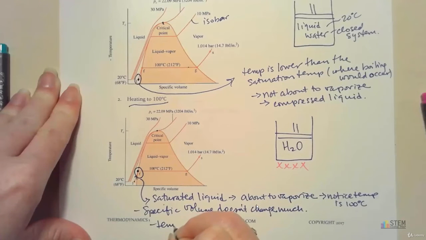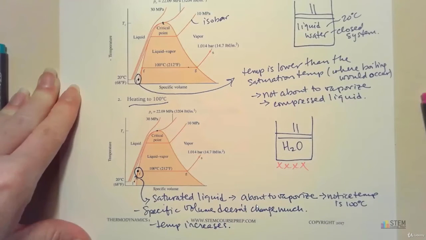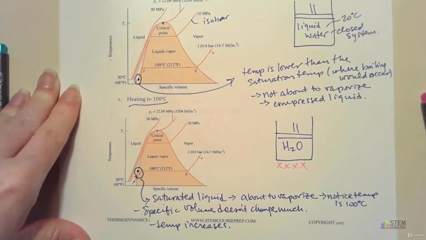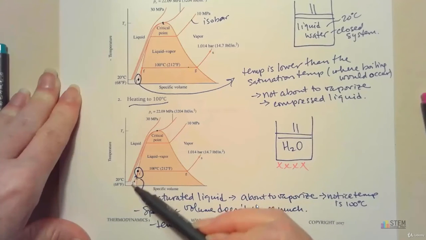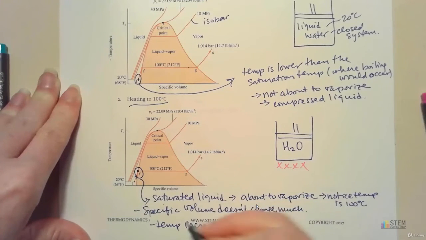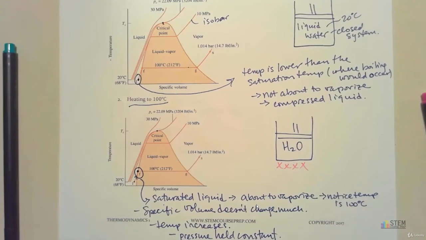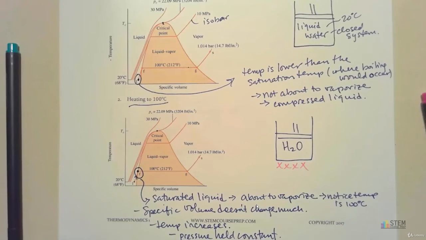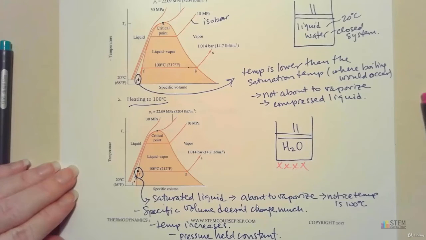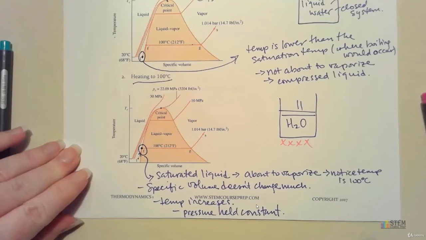So the temp increases. And remember, we're raising the temperature at that constant pressure. So we're holding that pressure constant. That's why we're on this constant pressure line. Okay, and then we get to this point F. All right. Now, let's go to the next page.